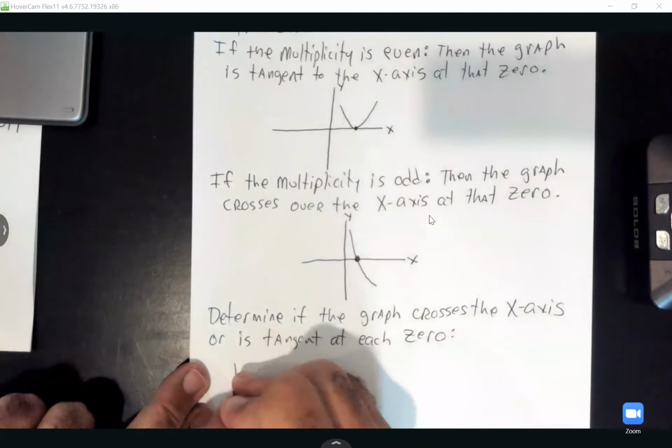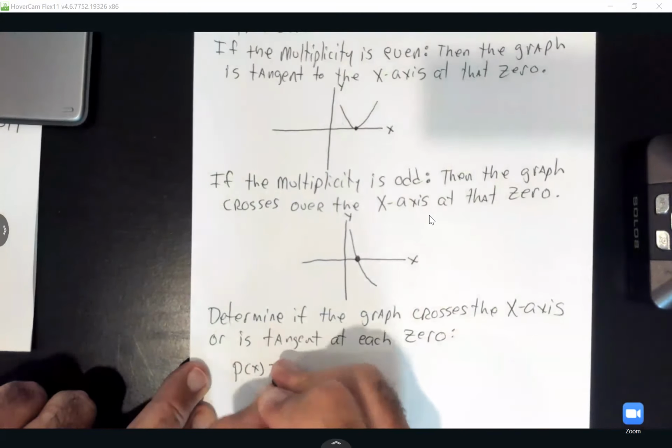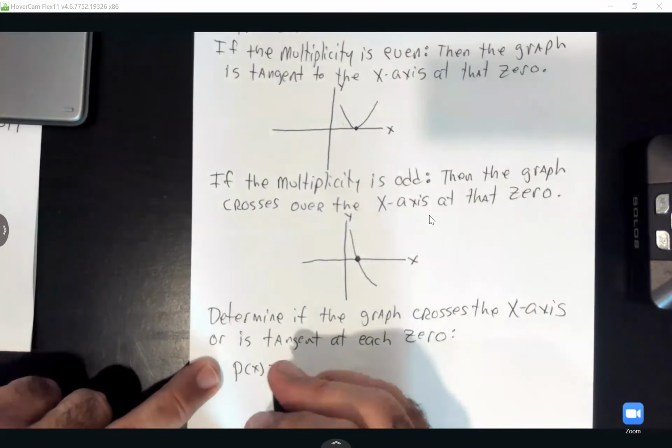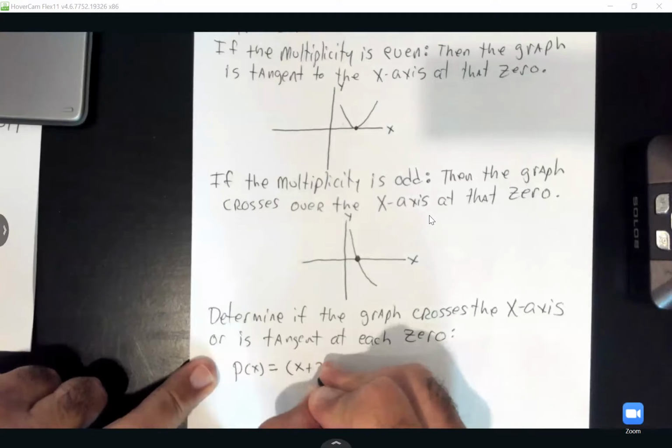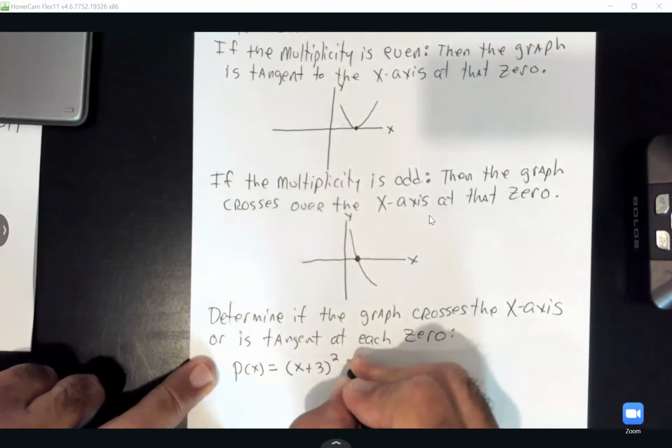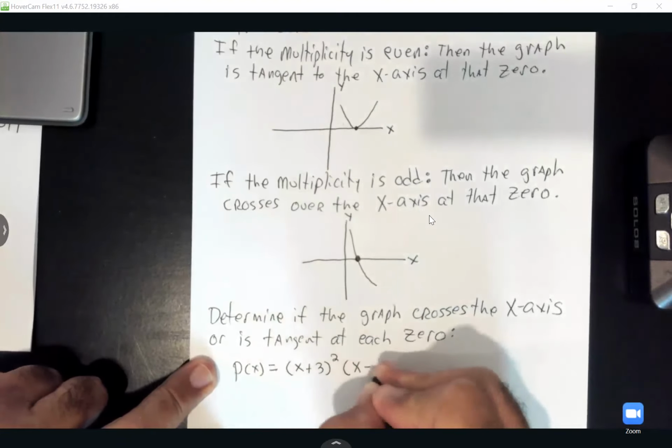So say I had me a polynomial, p of x equals, oh, what I want, how about it? X plus 3 squared times x minus 4 to the third.